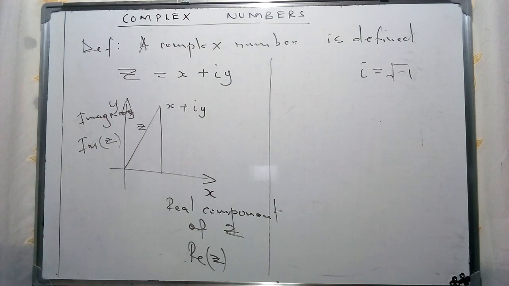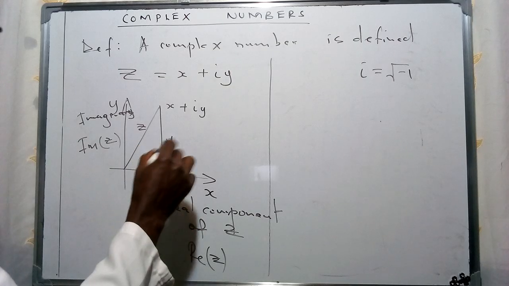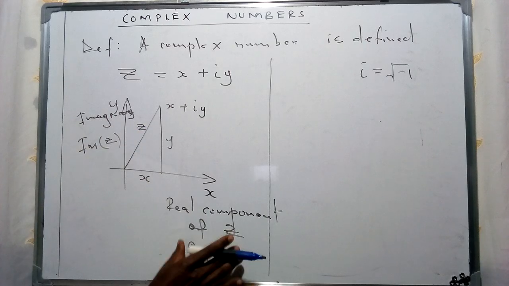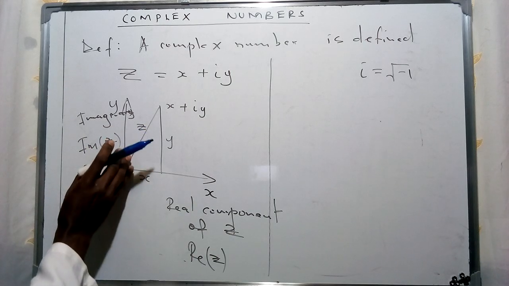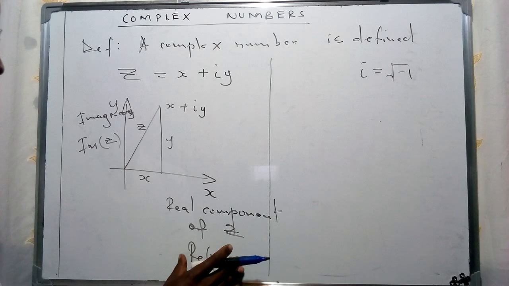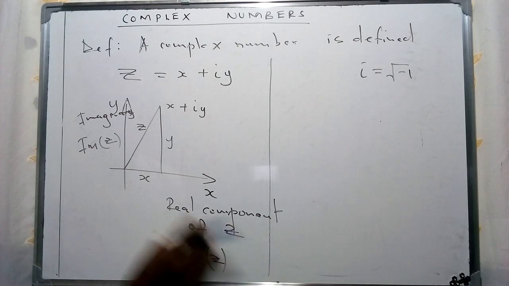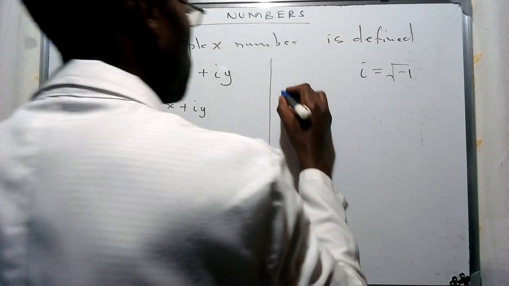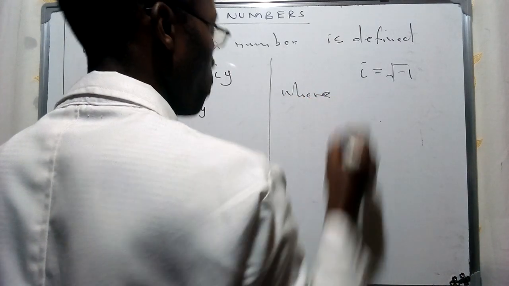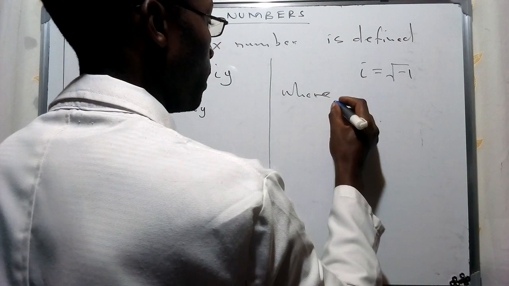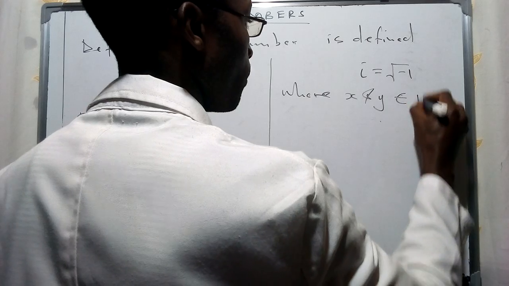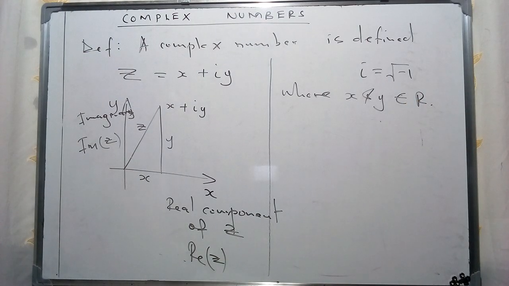So this forms our specific representation of the concept of a complex number on the graph. These are the terms we're going to use for the imaginary part on the y-axis and the real component on the x-axis. The variables we consider for the real and imaginary components, x and y, are a set of real numbers, and we're going to treat them as such as we come across them in our various discussions.